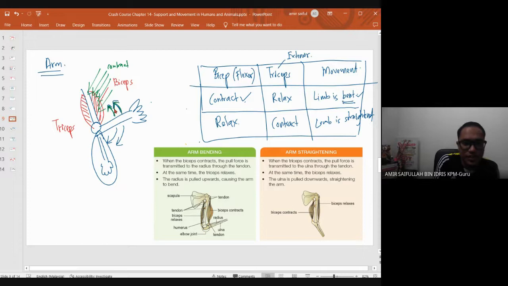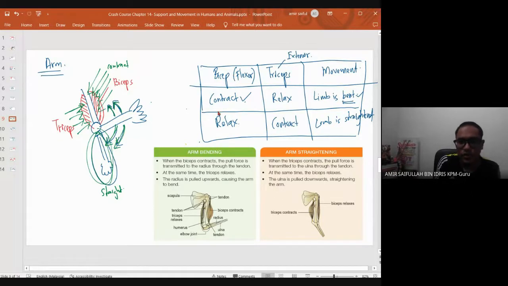You see the direction, it will pull the limb. When tricep contracts, it will pull the limb. So when bicep contracts, it will pull the limb which causes the arm to become bent. When tricep contracts, it will pull the limb to become straight. Okay, the arm will become straight.